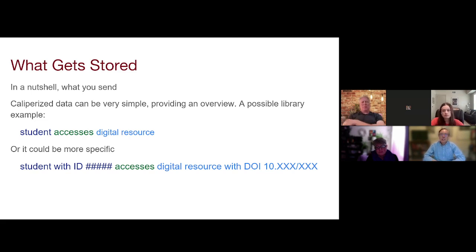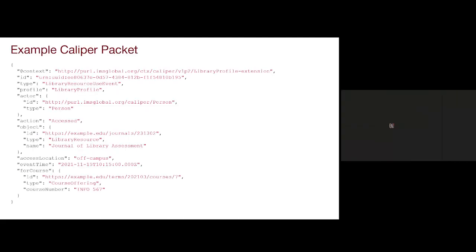Timestamps are included, but you can provide context about where they were, either an IP address perhaps, or an on or off campus location, or maybe, depending on what you can get from your campus networking people, a building or other locations such as that. So you can really collect whatever data you want to share and store for your own research use and in partnership with other research into learning on campuses.